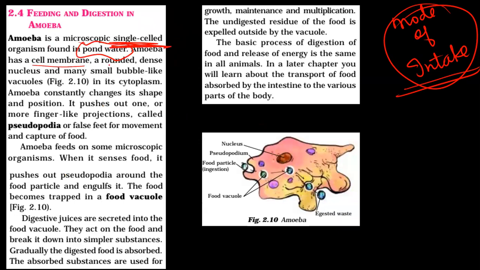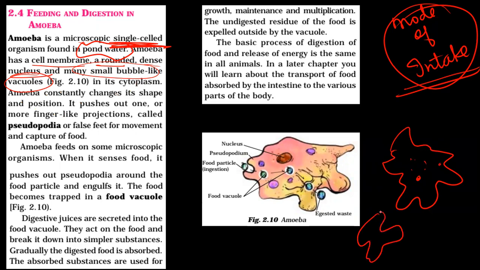So it has a cell membrane, a rounded, dense nucleus, and bubble-like vacuoles in its cytoplasm. Amoeba constantly changes its shape and position. All cell organelles will be there, but sometimes it can be like this, then it will become like this, then it can become like this. It is an irregular shape, it doesn't have a shape as such.